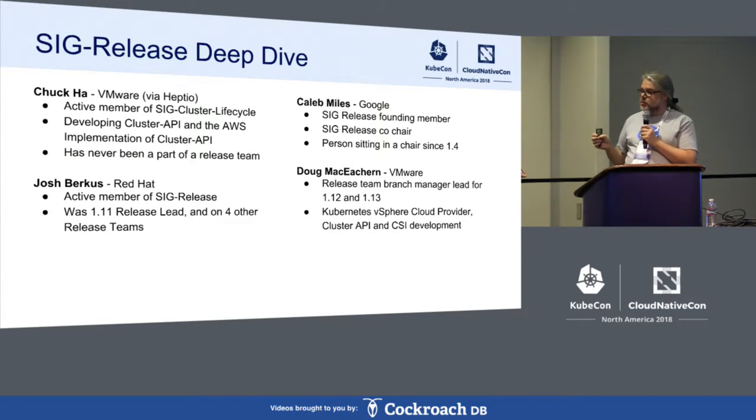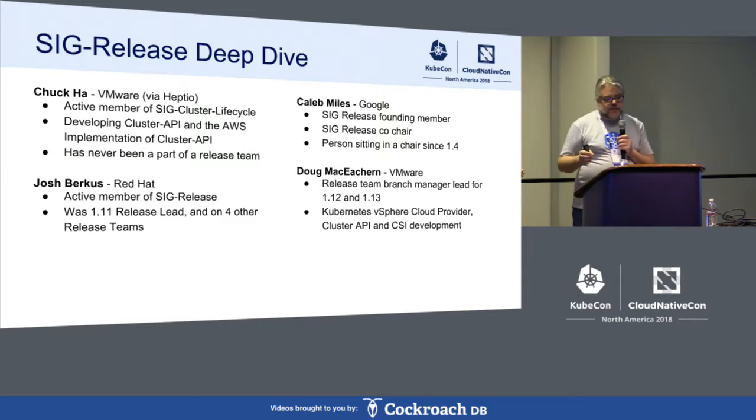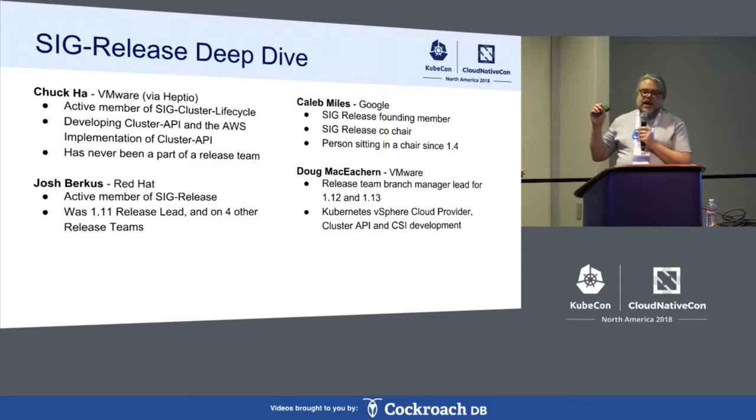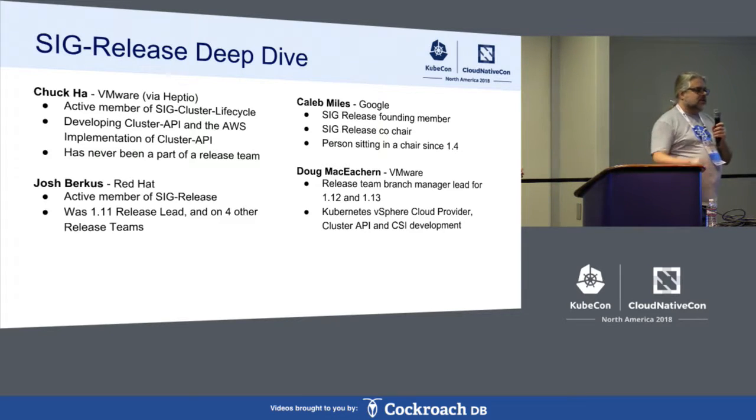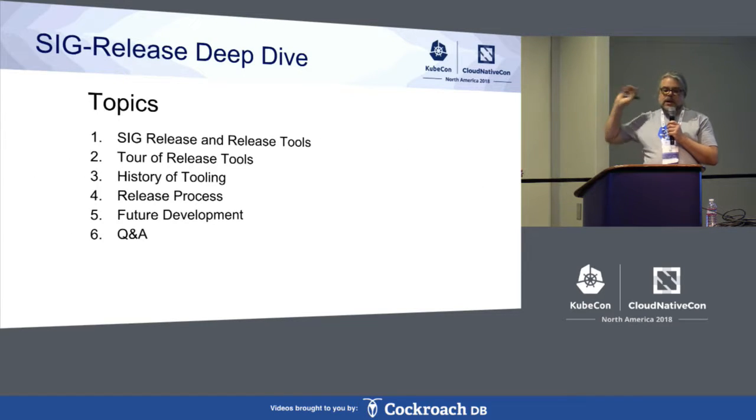Caleb, who's responsible for a bunch of the tools, originally. Doug, who's been revamping the branch manager process. And so we're going to talk about all of that, about how the actual bits that make up Kubernetes get shipped out the door. So here's our list of topics.